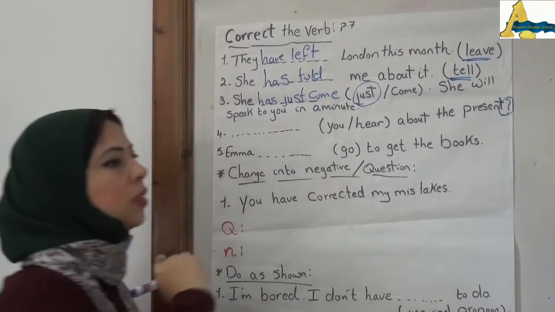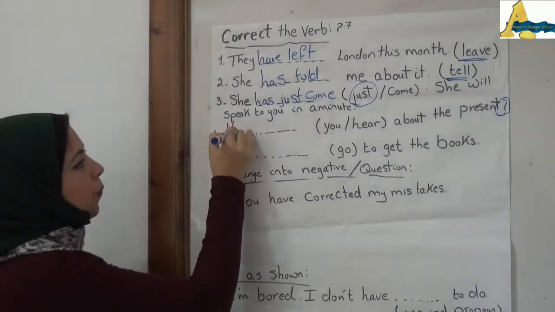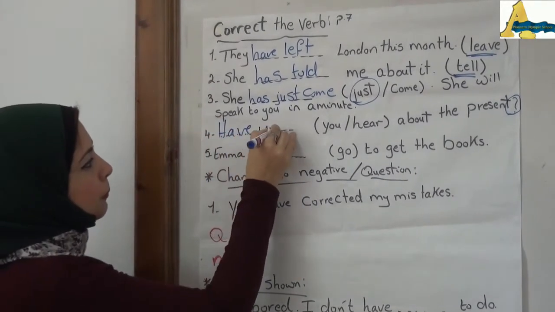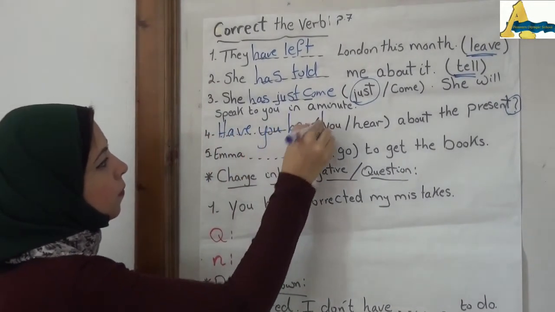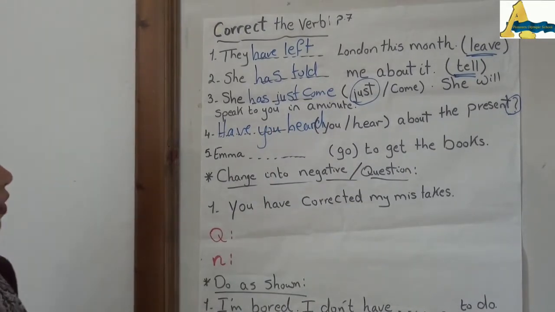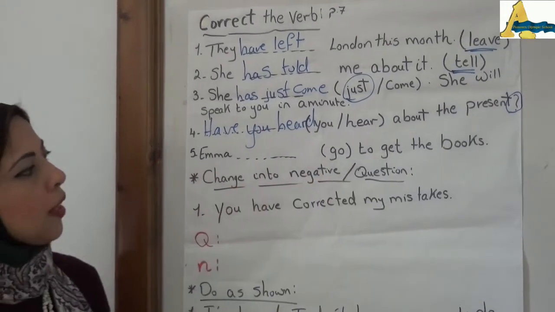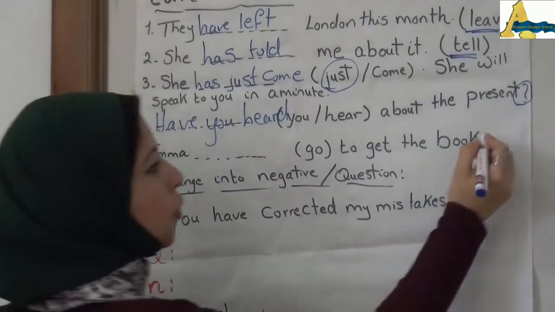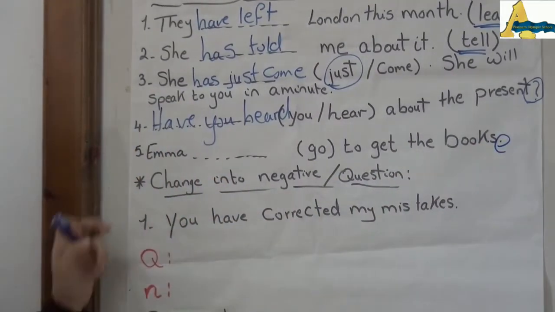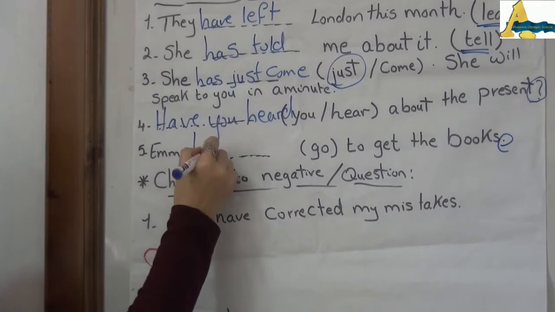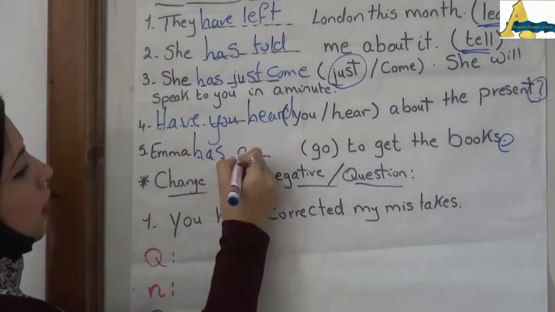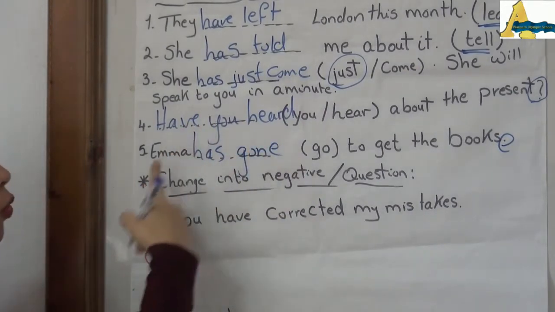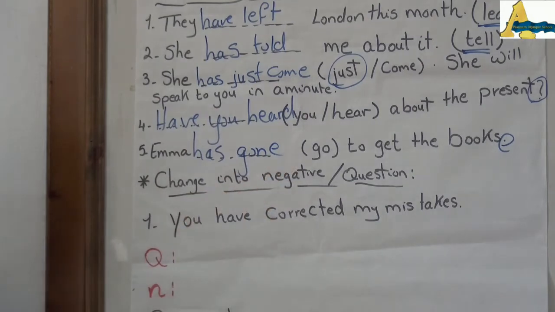So we are going to start with the auxiliary verb. Have you heard? Okay. Number 5, Emma go to get the books. Here we have a statement form. So we are going to use what with Emma? Has. So has gone. So Emma has gone to get the books.